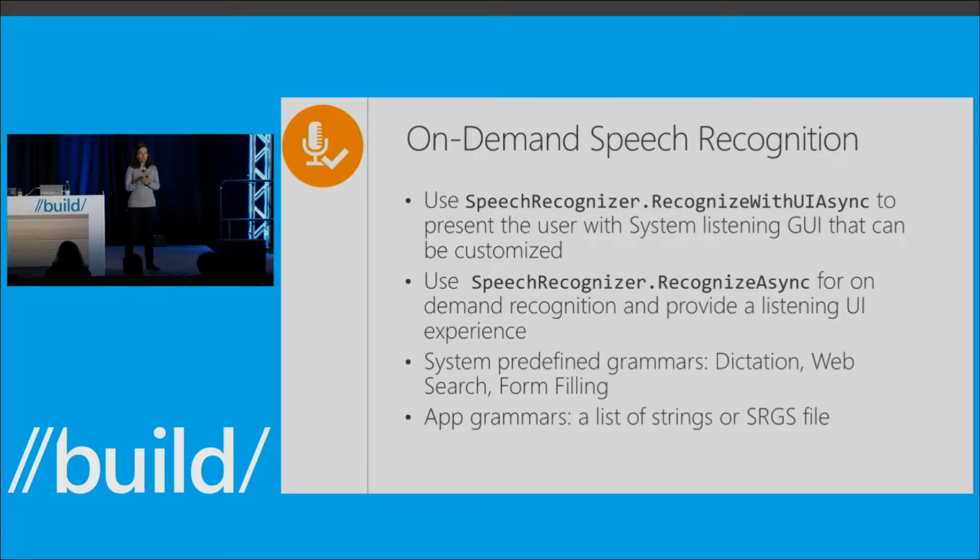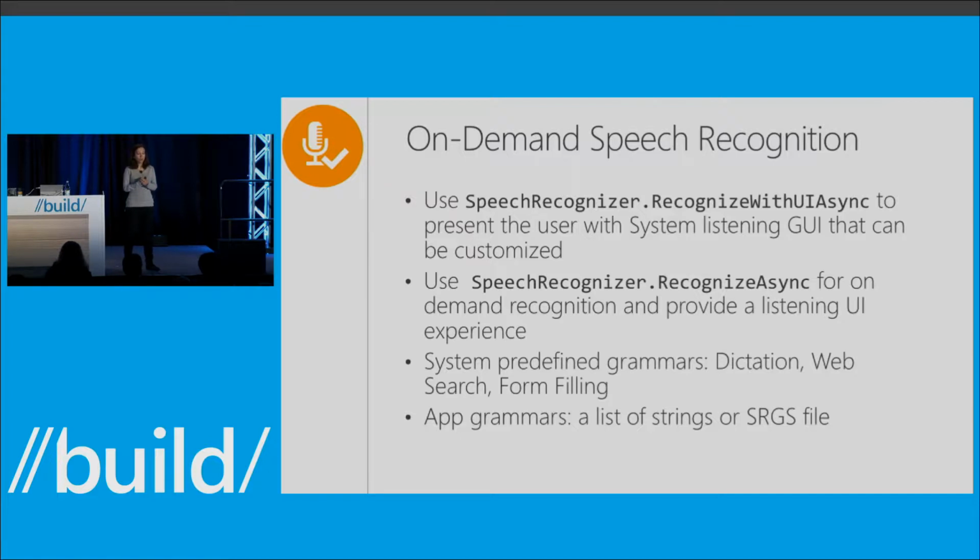When the recognition gets started, you have to specify the grammars to be used by the recognition engine. So you can specify system predefined grammars such as dictation, web search, or form filling. And these are grammars stored online on the Microsoft Speech Recognition service.